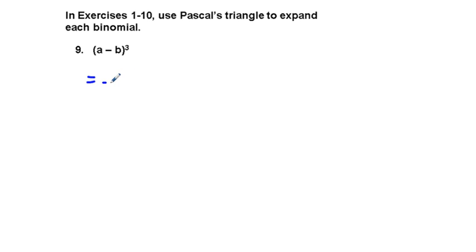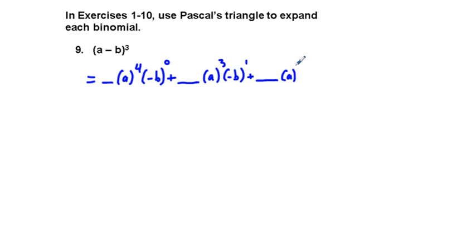The first one, we're going to have a coefficient times this a to the 4th power, and I'm going to have this negative b to the power of 0, and then we're going to have plus, blank for coefficient, this a to the 3rd power, and this negative b to the 1st power, then plus coefficient, we have a squared, and this negative b is also squared. So I want to square on the outside.